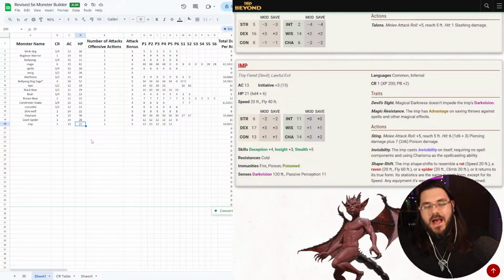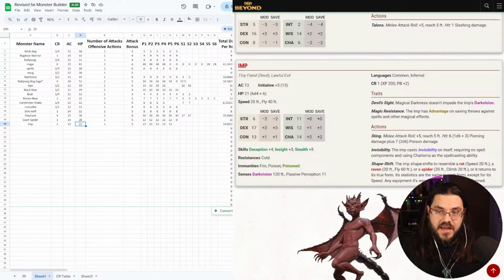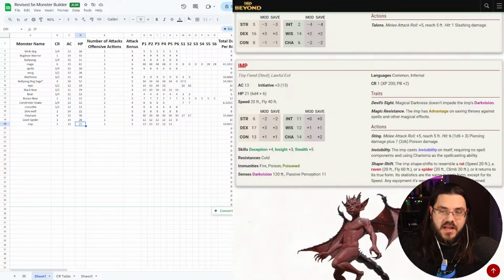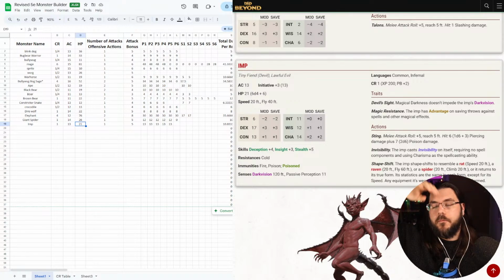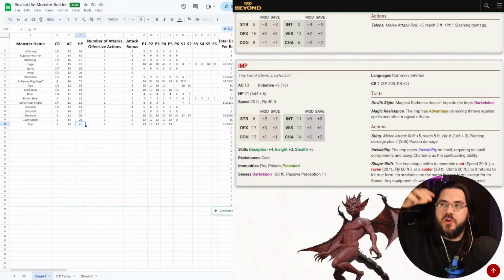And then we look at the 2014 version and see what magic resistance does, because in 2014 it added a +2 to the effective AC. So we may still be able to use the 2014 calculator for a lot of the elements of it, and by doing this I might be able to figure out which features from the 2014 calculator to ignore when it comes to changing CR.